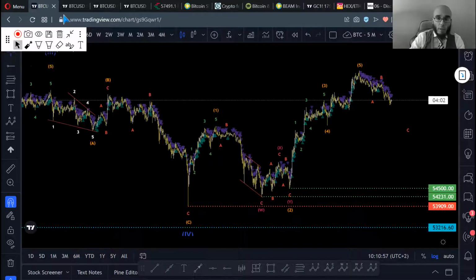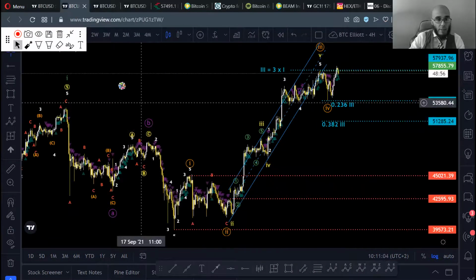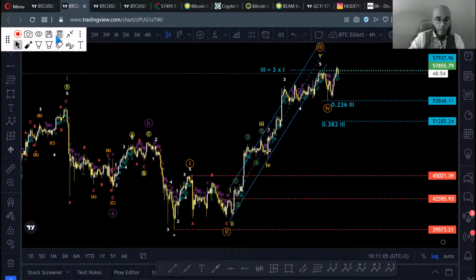To talk about higher prices, let's switch to the 3-hour chart. And as you can see, I did also a relabeling here. So yesterday, I was expecting, I'm telling you the same thing again on the 3-hour chart, a wave 1, X wave correction, and then a C wave down.